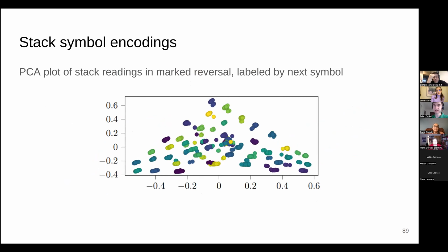So to test this, we extracted stack reading vectors from the second half of strings in the marked reversal language, and we labeled them according to the next symbol that needed to be predicted. And when we put them in a PCA plot, it turns out that, yeah, actually, points cluster together, which means the model is using the stack reading to encode these different symbol types.